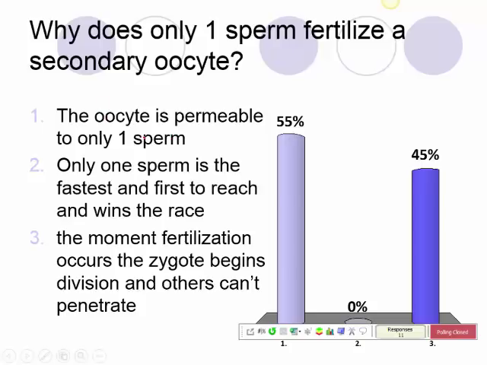The moment one sperm enters, it becomes impermeable. It's not that the moment fertilization occurs, the zygote begins division and others can't penetrate. It waits for a while for division to occur. So it's only because the oocyte is permeable to one sperm.